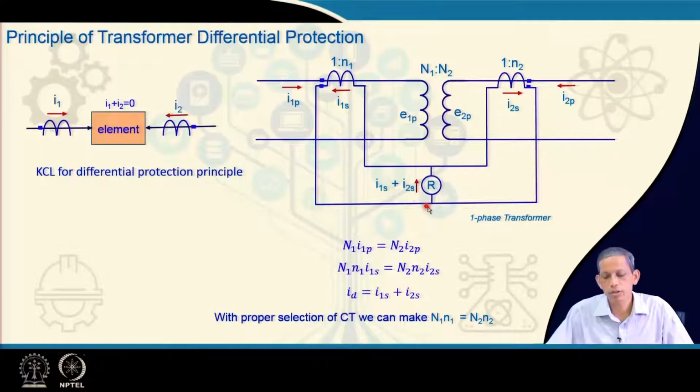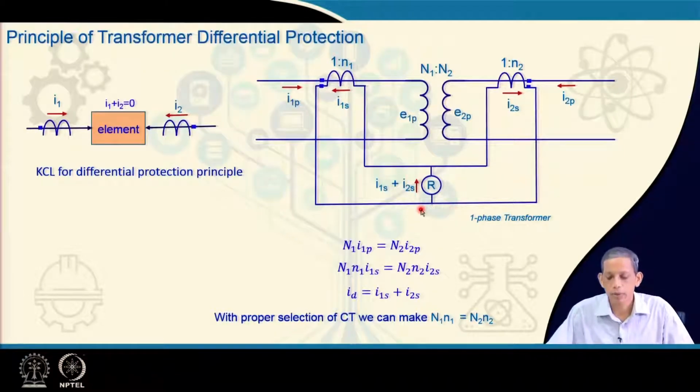These will be nothing but the corresponding current in this differential branch. Normally, suppose the transformer is feeding load to the right hand side. The current will flow from the primary to the secondary, the N2 side, and then the load current accordingly.